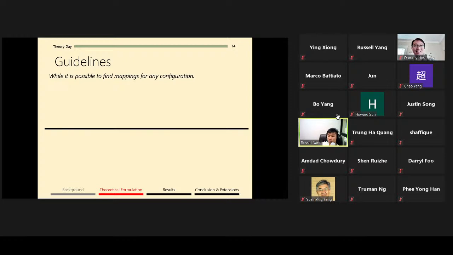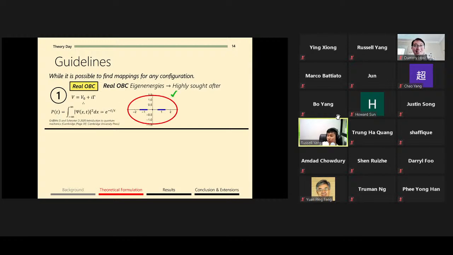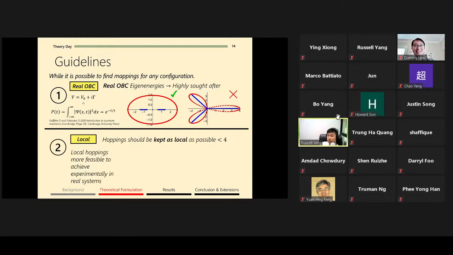There are certain Hamiltonians that are more sought after than others, namely those with real eigenenergies, because these are more experimentally relevant and can be reproduced in a lab in real systems. The hopping should also be local, as local hoppings are more feasible to achieve experimentally.